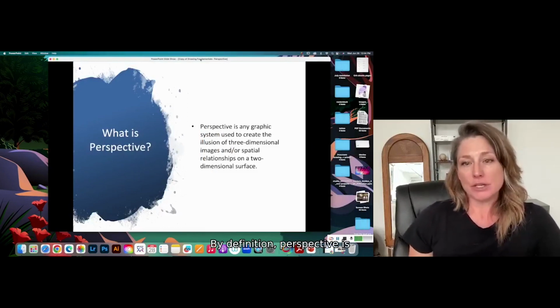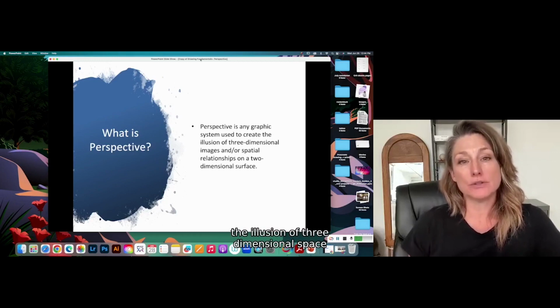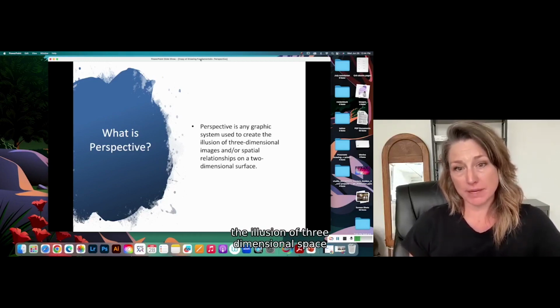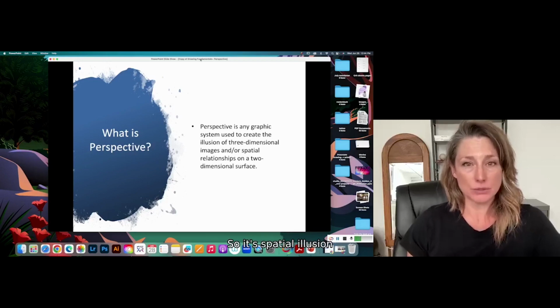So by definition, perspective is any graphic system that is used to create the illusion of three-dimensional space on a 2-dimensional surface. So it's spatial illusion.